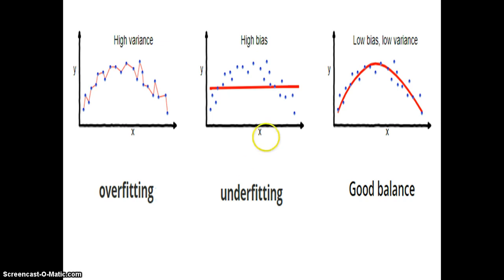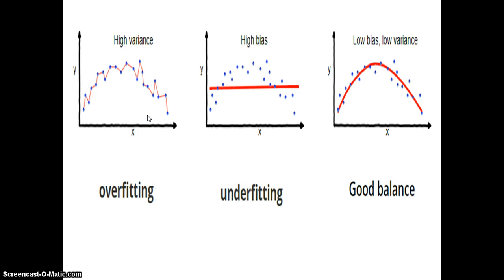Since in high bias the predicted data is far from the actual data, how far it is will be denoted by the bias, so it will cause underfitting. Whereas in variance, how the predicted data is spread from the actual data is explained by the variance, so it will cause overfitting.